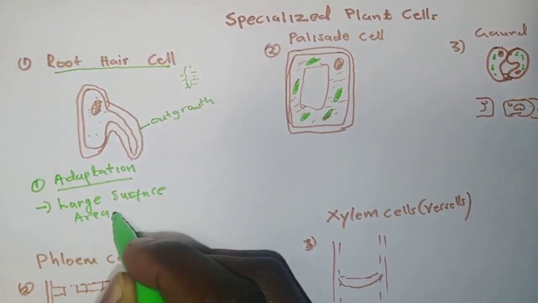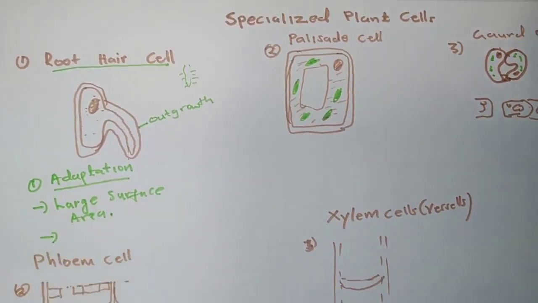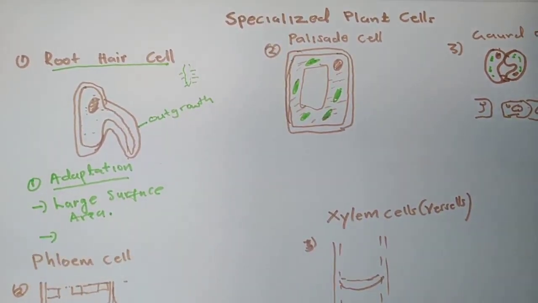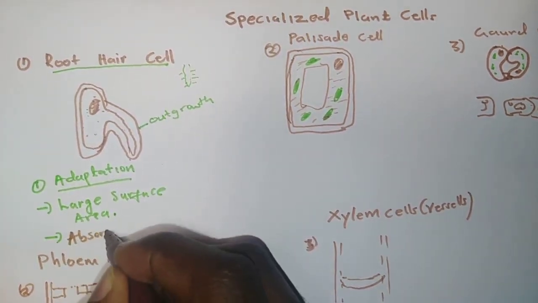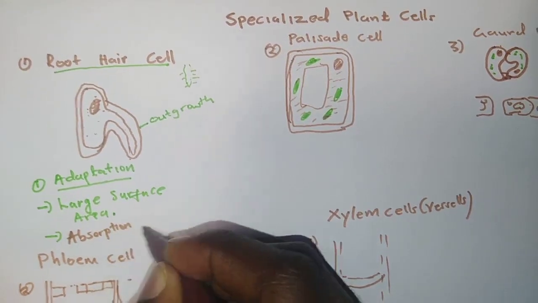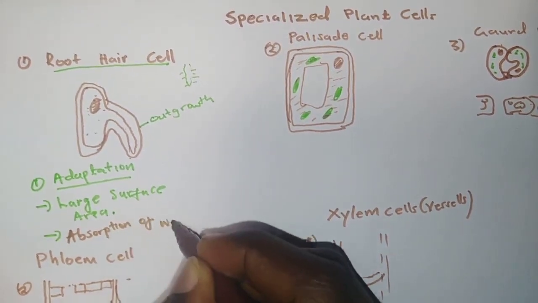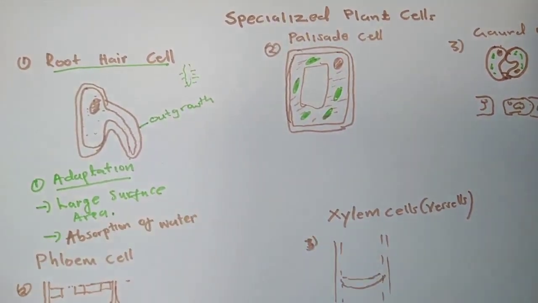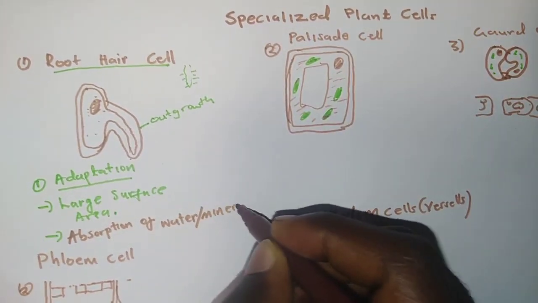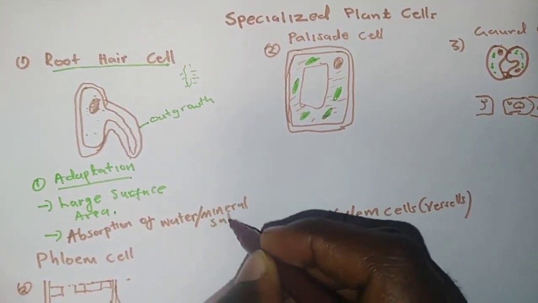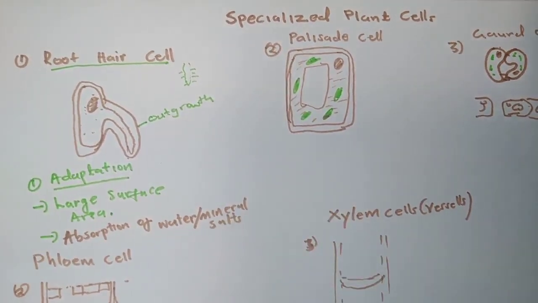And what's the function of this root hair cell? Strictly, its absorption of water as well as mineral salts.